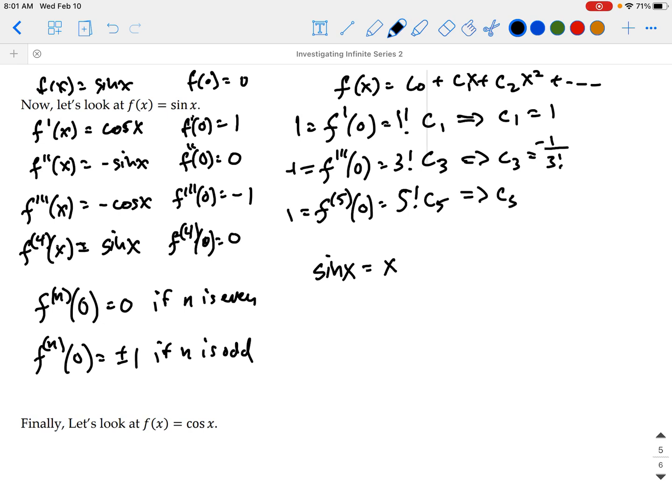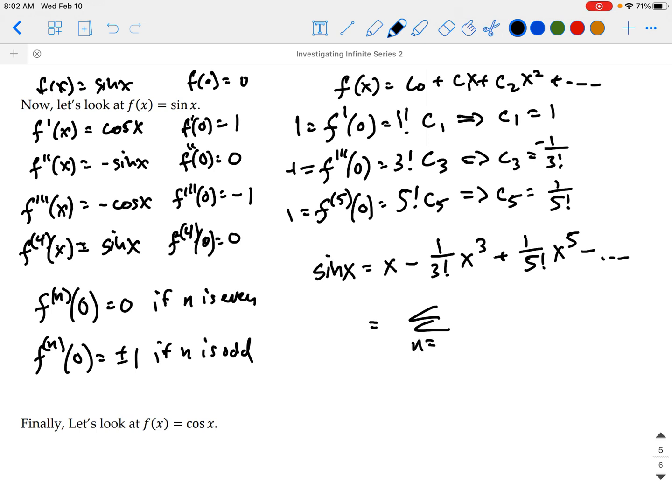Sorry, -1 over 3 factorial. C sub 5 is going to be 1 over 5 factorial. And it's going to continue in that way. So we'll have x minus 1 over 3 factorial x cubed plus 1 over 5 factorial x to the 5th. So it's going to be all these odd powers alternating in sign.